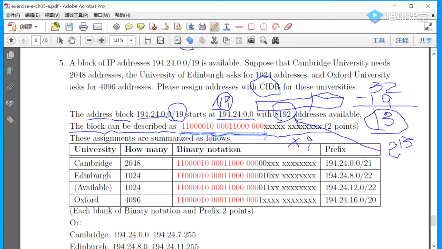So we assign addresses for the first university. Cambridge University needs 2,000 addresses. From the 2,000 addresses, we can determine the length of the host portion for Cambridge University, right? So 2 to the power of x should be larger than or equal to 2,000.